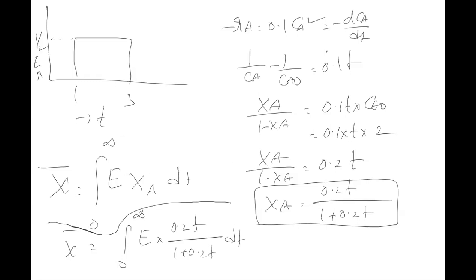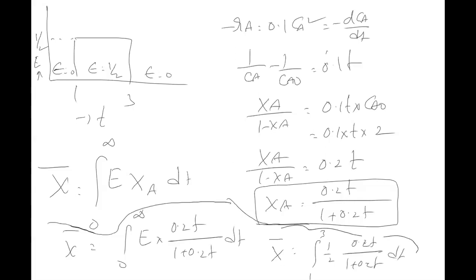Now, how do you solve this integral? E is 0, E here is 1 by 2, E here is 0. There is no single straight line equation, no? Then X bar is the integral from 1 to 3 of 1 by 2 into 0.2 T by 1 plus 0.2 T dt. This is the X bar you should solve.